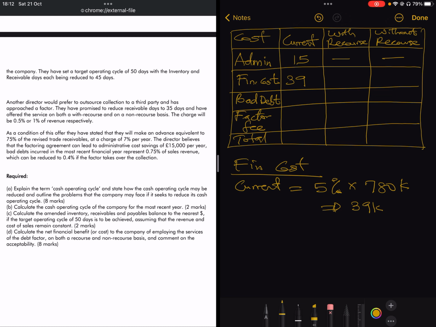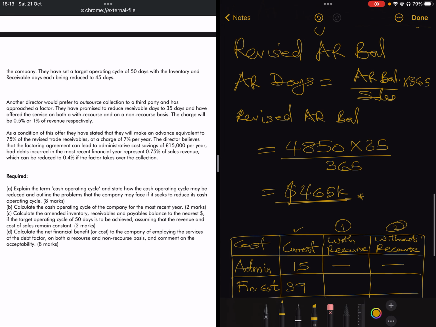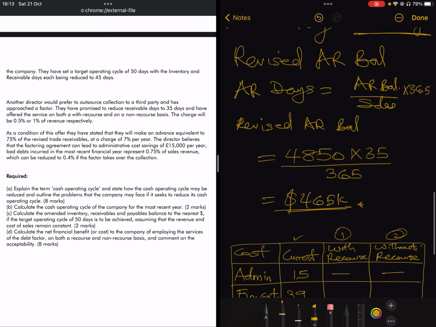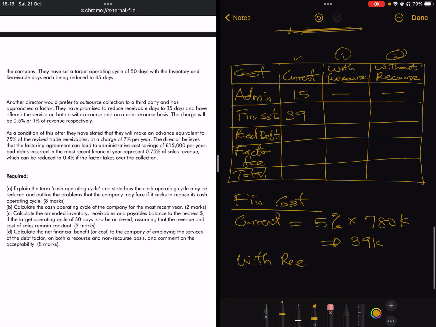But with the factor, what will be our finance cost? It's still going to be interest rates times principal, but this time around, our factor said he's going to finance 75% of the revised receivable. So remember, once we go for a factor, our receivable will no more be 780. It's going to be reduced to 465,000 because the collection days will have been reduced to 35 days.